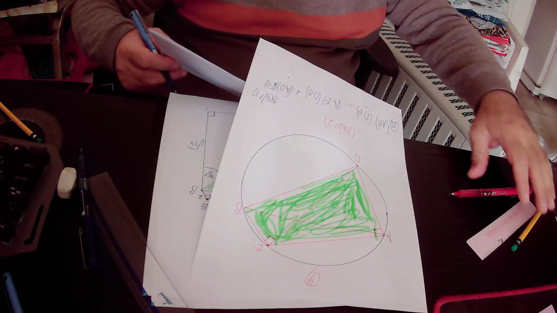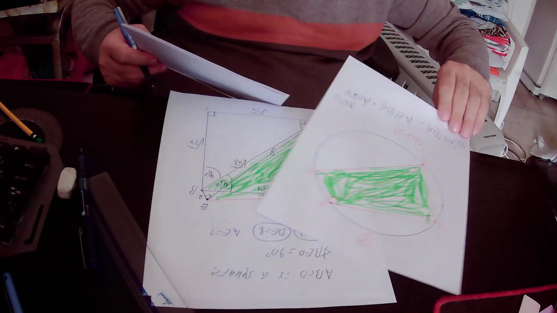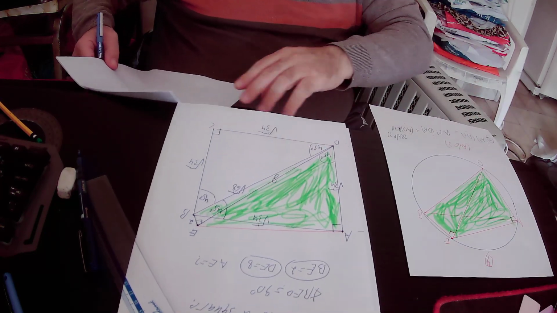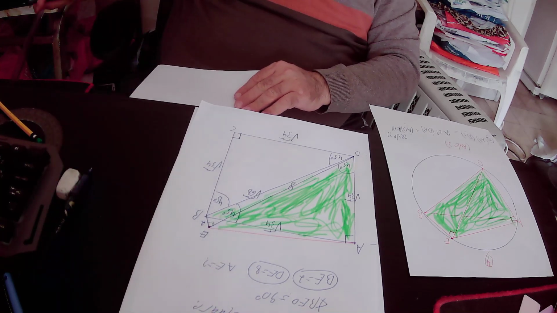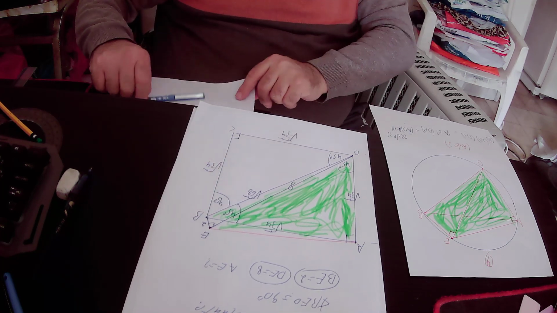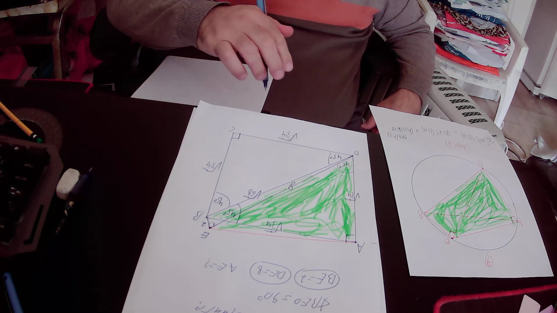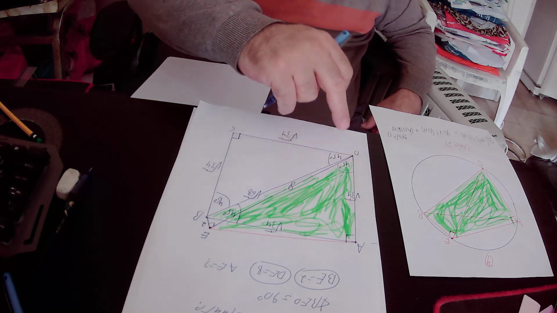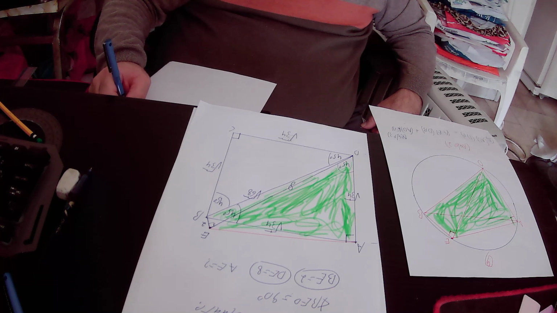DB equals square root of 68 plus AD equals square root of 34 times EB.